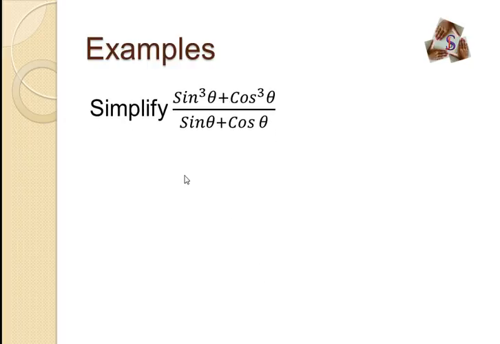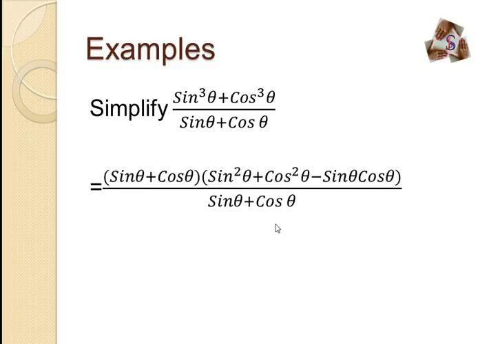Let me take this first example. Sin cube theta plus cos cube theta divided by sin theta plus cos theta. So I am going to apply the various identities that I have learnt and simplify this trigonometric expression.